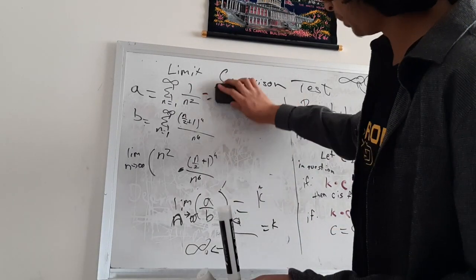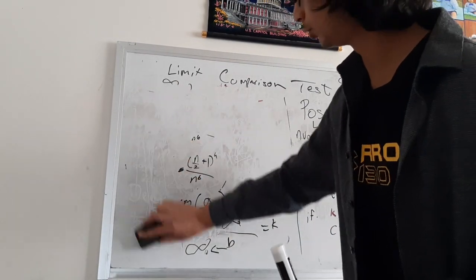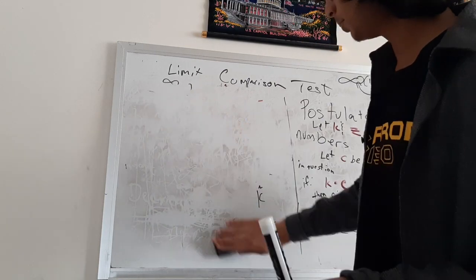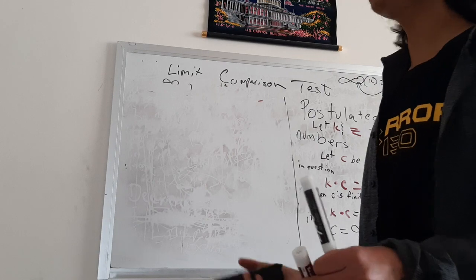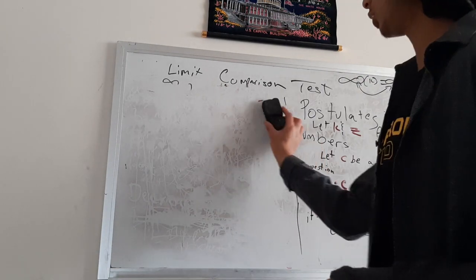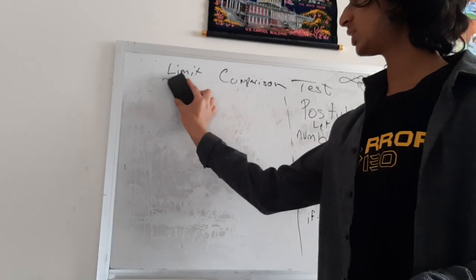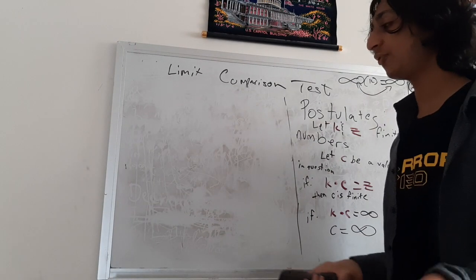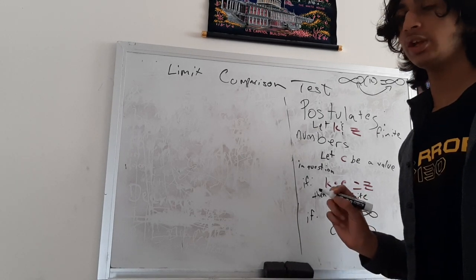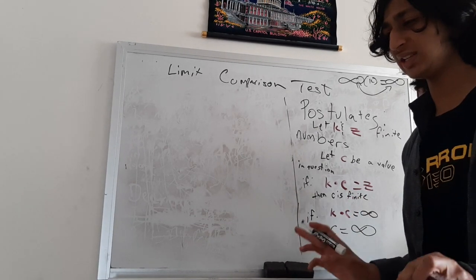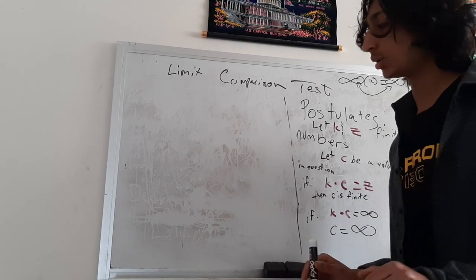Other ideas, the barriers you have to go through before you can use the limit comparison test: both need to be positive series, the denominator cannot be less than 0, and the value you get has to be positive and finite. I explained finite, I didn't explain positive. Positive is a little weird because if you have a series that's always negative, it will actually work completely fine.